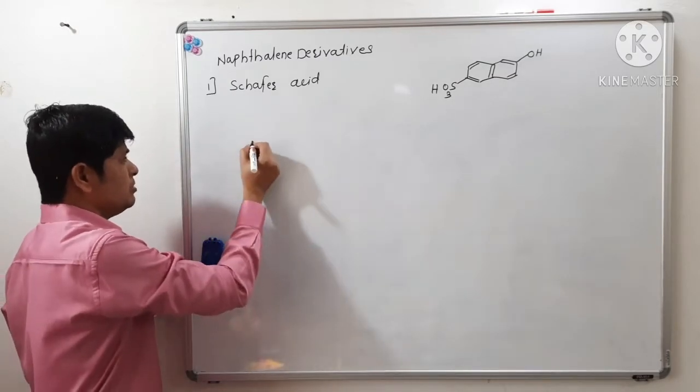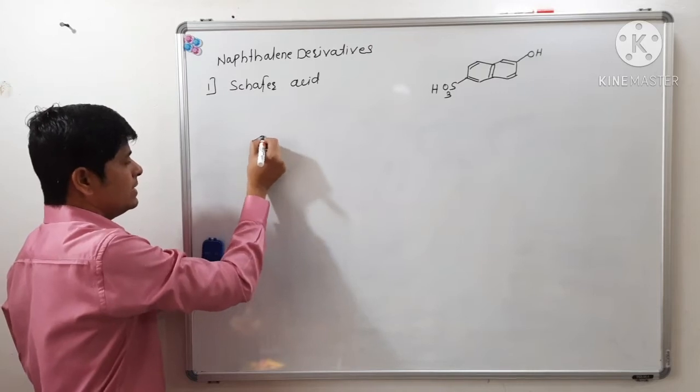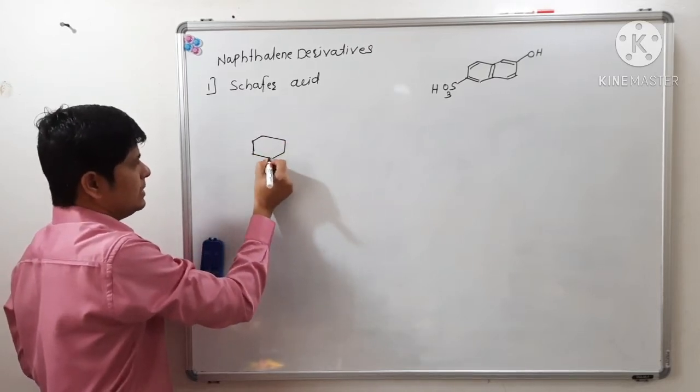For the preparation of this acid, we have to take beta-naphthol as a starting material.